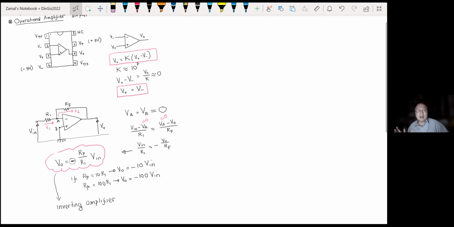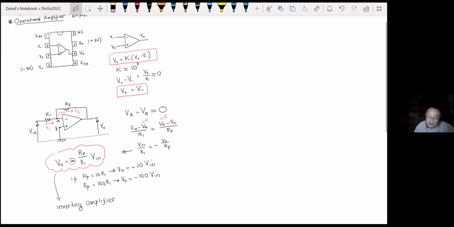Okay, later I want to show you that if you don't like minus, there are two ways, right? One, using two amplifiers. The other one, using a non-inverting amplifier.